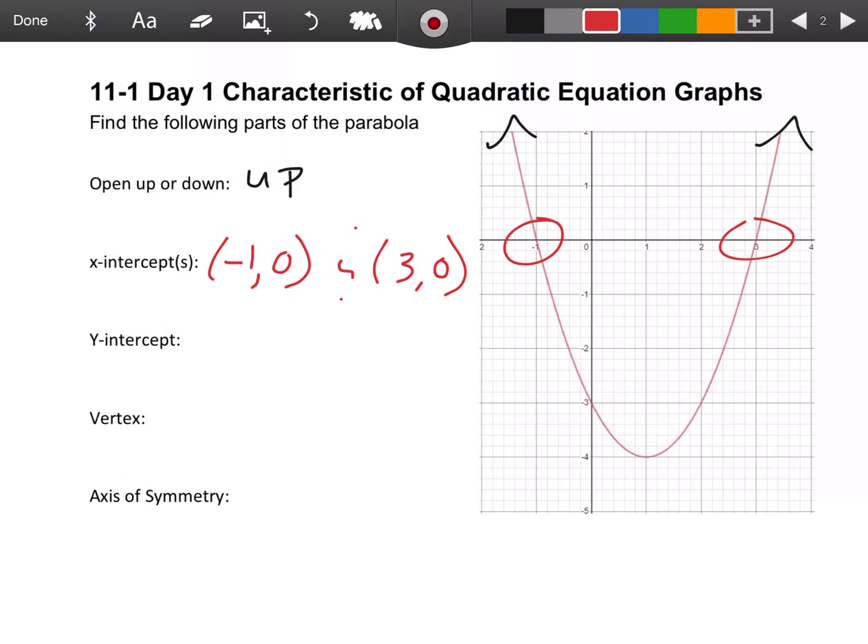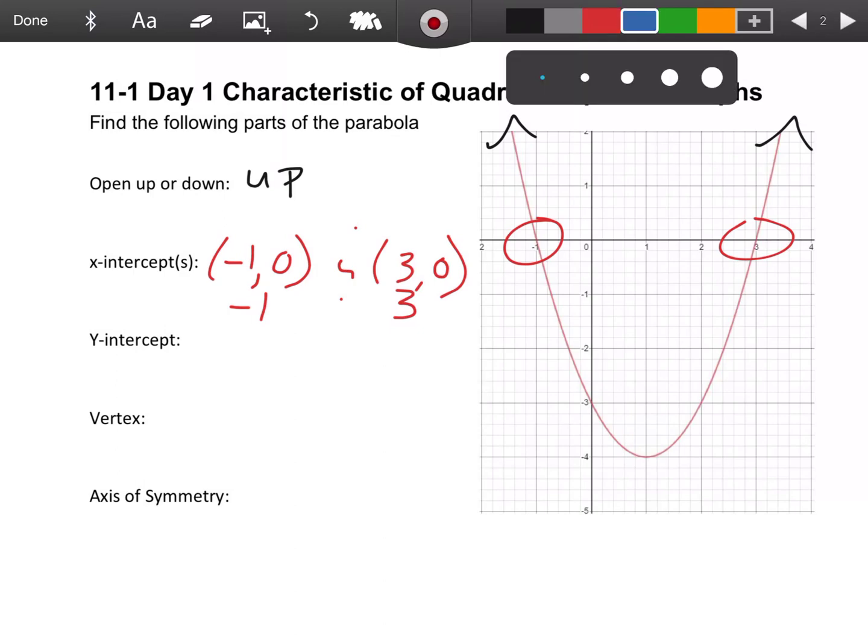Now, for x-intercepts, the y is always going to be 0, so you wouldn't necessarily need to write the whole coordinate. You could just say the x-intercepts are -1 and 3. You don't have to say 0 because if we're talking about an x-intercept, it's assumed that y is going to be 0.